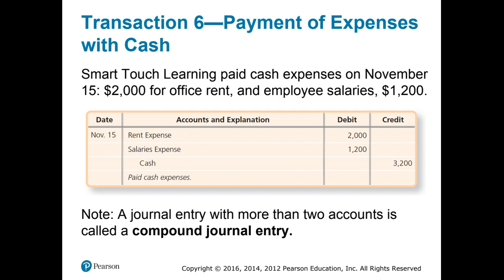So we paid cash expenses. We paid cash out. How do we decrease cash? If we paid cash out, are we going to debit it or credit it? We're going to credit it. So we know that we're going to credit cash for the total amount, which is $3,200.